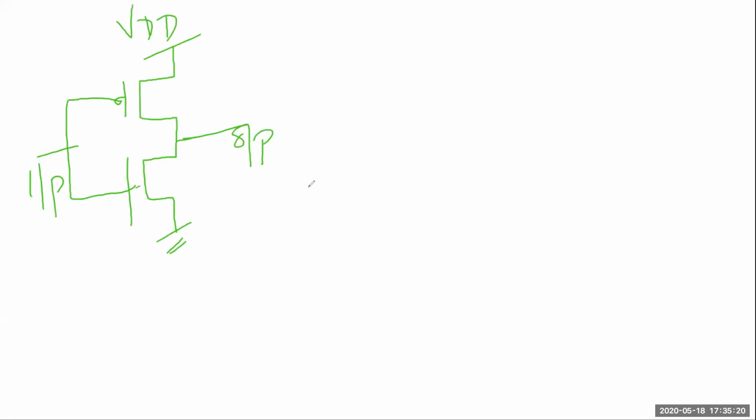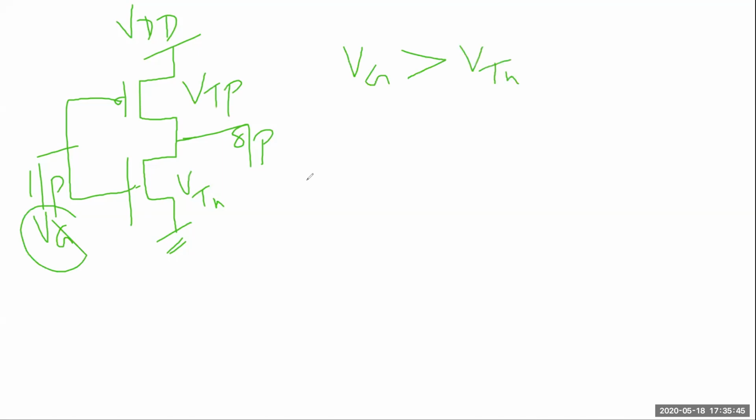Till now, how are NMOS and PMOS working? For NMOS we know that if this is VTN and this is VTP and this is your gate voltage, then if VG is greater than VTN, that means your NMOS is on.